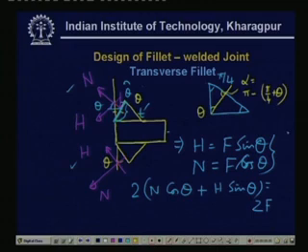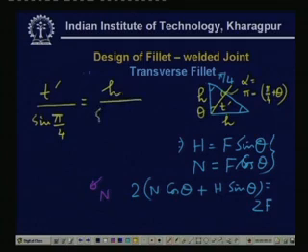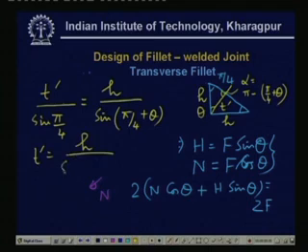And if you use the sine law of the triangle, where this length is h and this is T prime, then we have the following relationship: T prime by sine pi by 4 is h by sine of pi minus pi by 4 plus theta, which is equal to sine of pi by 4 plus theta. So, therefore, T prime will be equal to h by sin theta plus cosine theta.